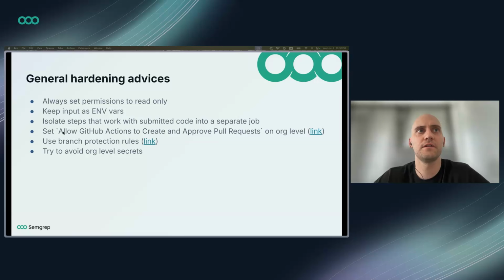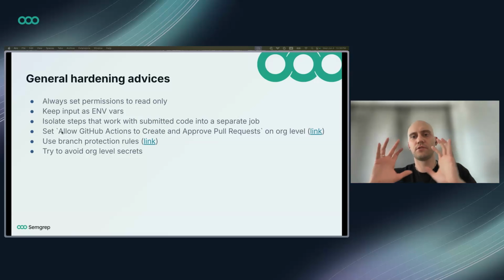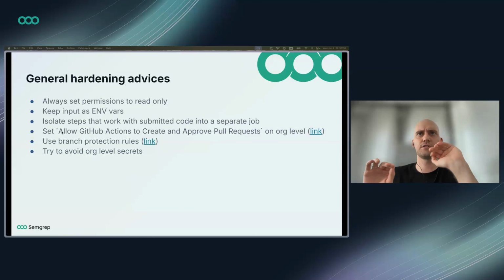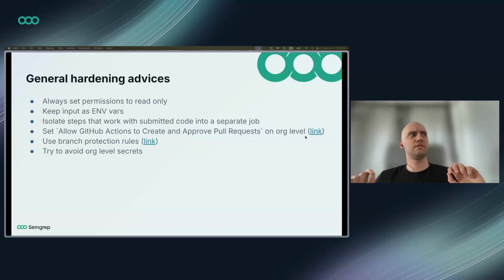Also, there is another thing. When you have a GitHub organization and you create new repositories, by default they inherit some global parameters from your organization. And there is one setting called allow GitHub Actions to create and approve pull requests. There is a link to the documentation. Basically, it will allow the GitHub token from the workflow to have the permission to create and approve pull requests, which allows a person who can acquire this token to submit any kind of code.